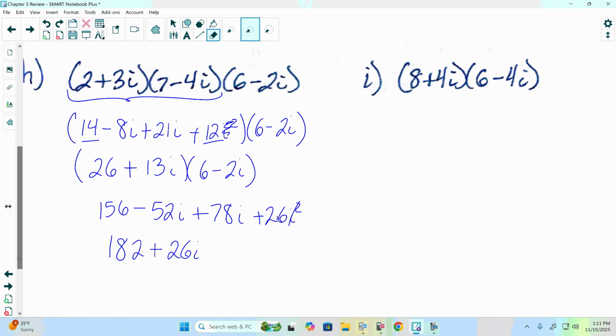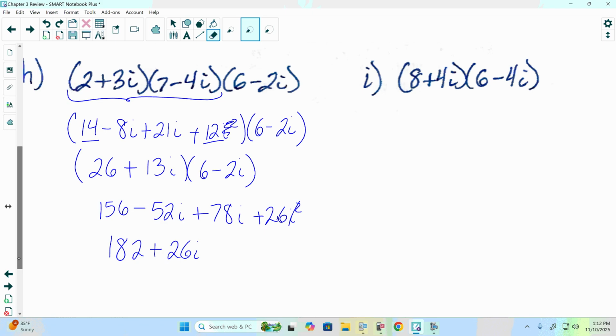All right, guys. So I will also say where I was marking that i squared out, because I treated it as negative 1, it should be negative 12i squared. The negative i squared becomes negative 1, switching it from negative 12 to plus 12.